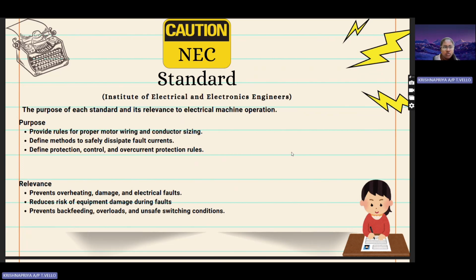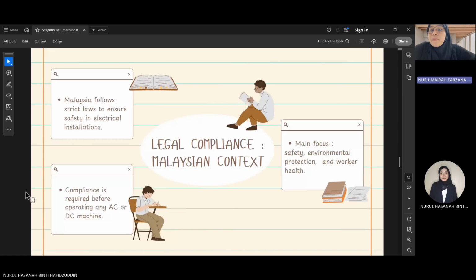It is designed as a method of safely carrying fault current, and it is relevant to reduce the risk of equipment damage during fault. The last one is NEC Article 445. It is designed to provide protection, control, and overcurrent protection rules, and it will prevent backfeeding, overload, and unsafe switching current.